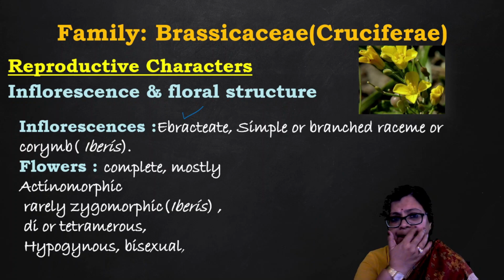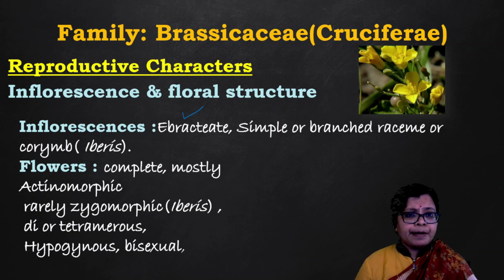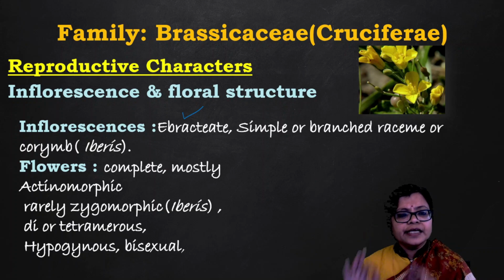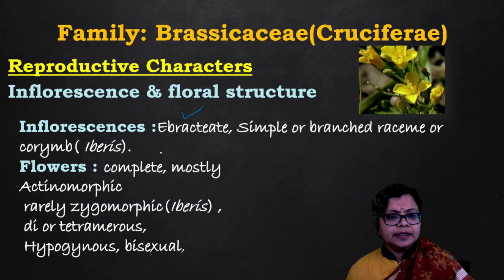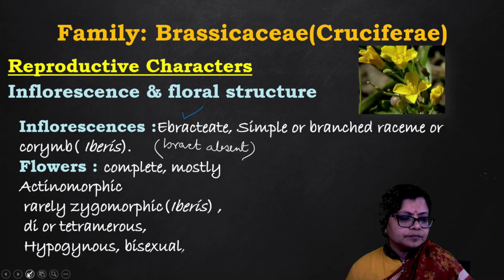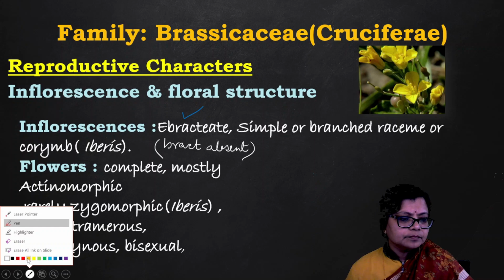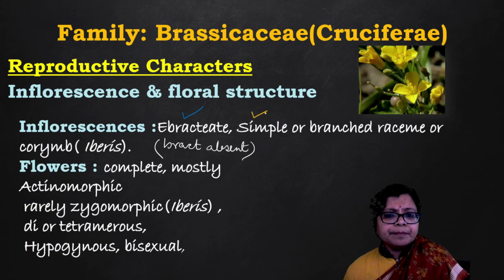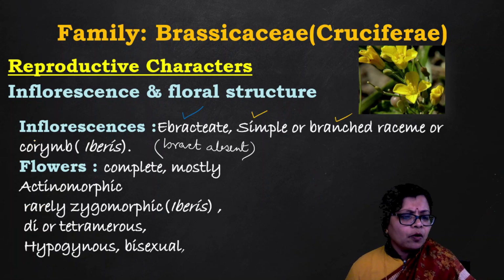But in the members of family Brassicaceae, bract is not present, absent. Clear? Simple or the branched raceme or the corymb Iberis, already we have discussed.